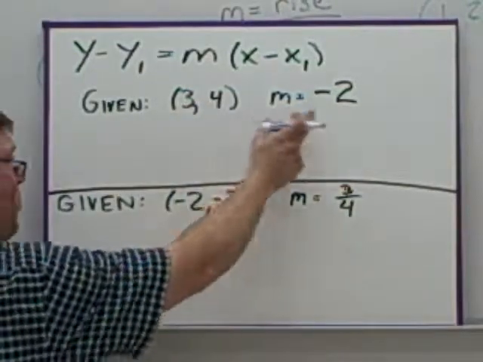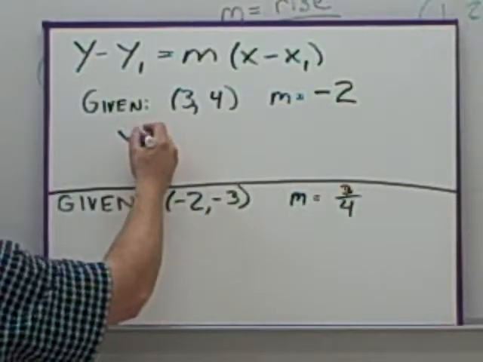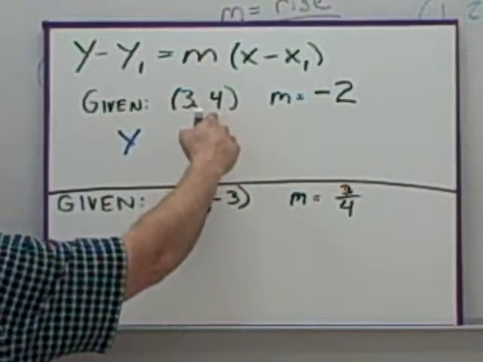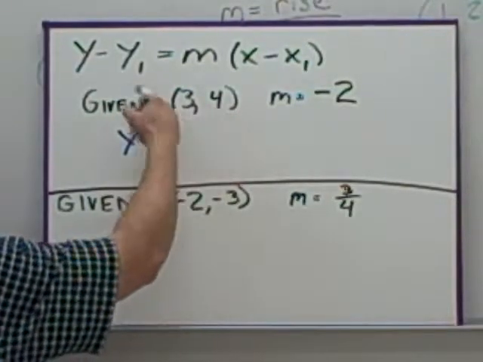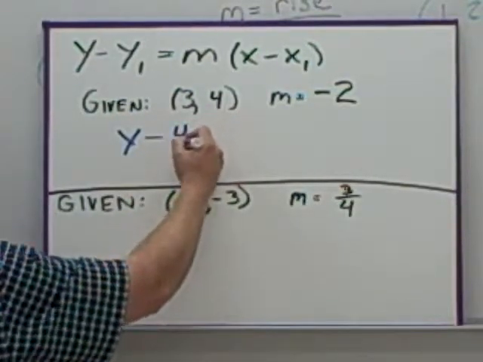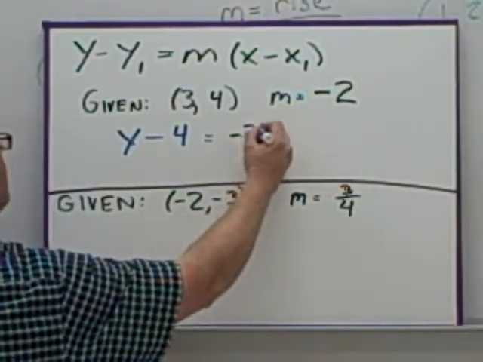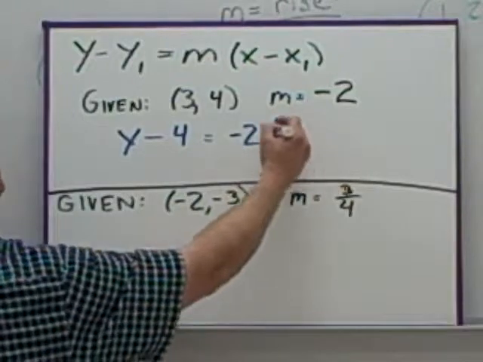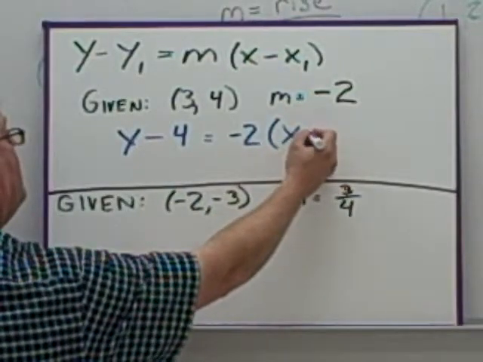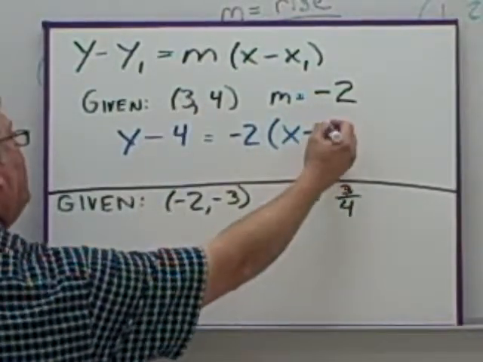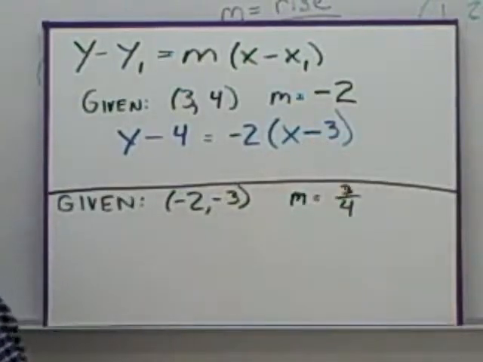So if I'm given this point and this slope, I keep the y. y1 is the y value of the point there, which is 4. And that's going to be equal to the slope, negative 2, times the quantity of x minus the x value of 3.